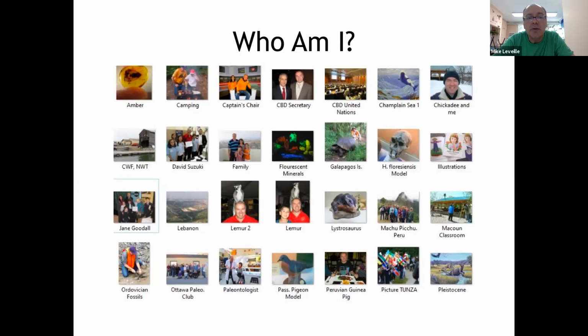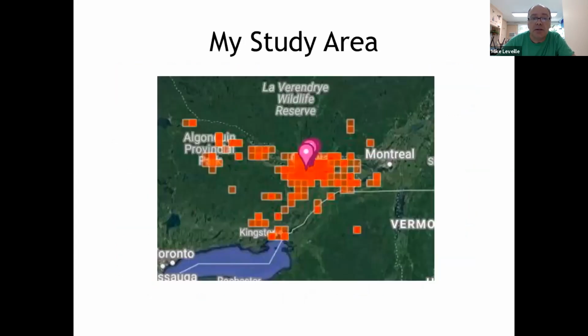But I want to focus very, very much on a local area, and this is what I'm going to be focusing on right now. Now, I live in Ottawa, so you can see from my iNaturalist map here, most of my records go from around Algonquin Park towards Montreal.